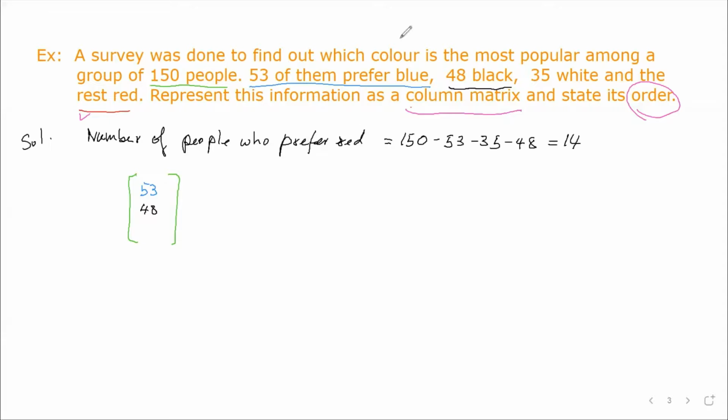The white one, maybe I can use another color, maybe yellow, is 35. That's the white color. But the number of people who prefer red is going to be 14.